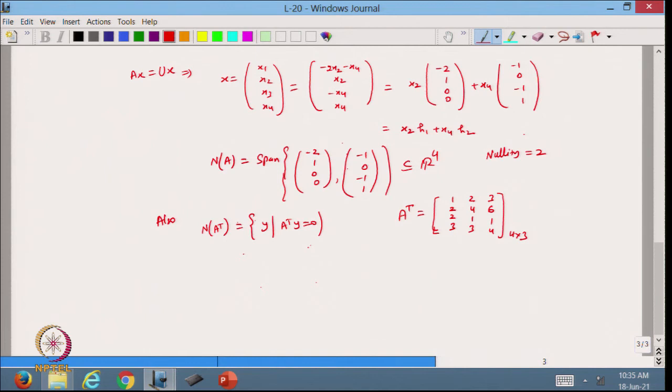Now I want to transform this matrix into echelon form V. This is my pivot element.